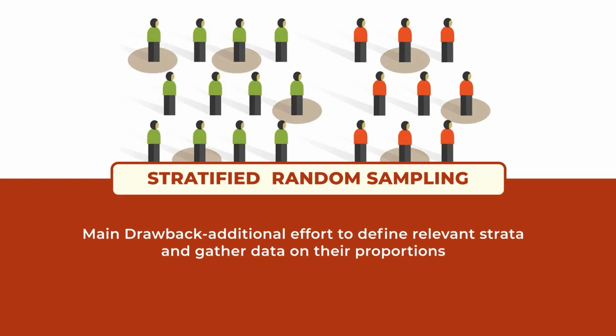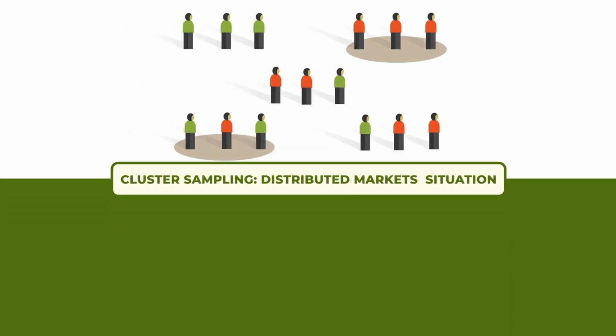Therefore, what is it that you can draw as insights from this sample? Of course, here again, the major drawback is the additional effort that is required to define relevant strata and the calculation of population proportions.